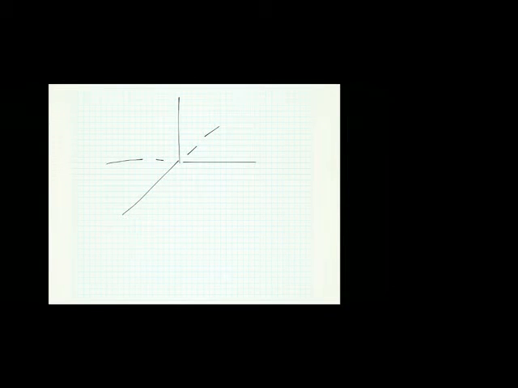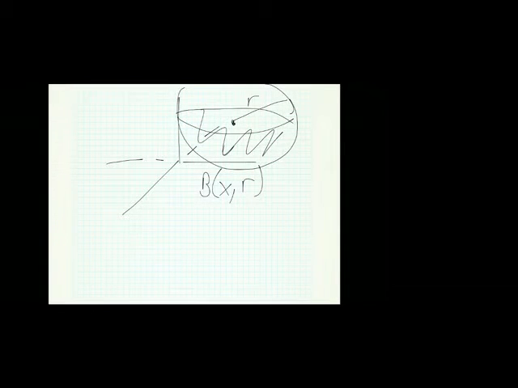So B of X, R? Well, this is where the word ball is especially descriptive because it really looks like a ball. If I have a sphere of radius R, the open ball is all the points that are strictly inside the sphere of radius R in R3.